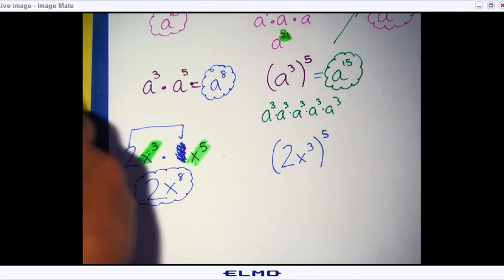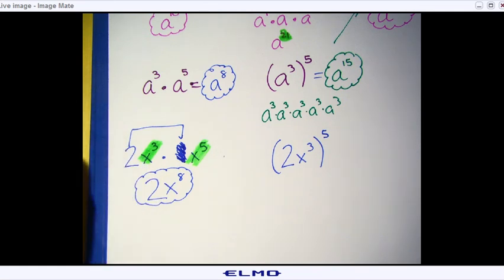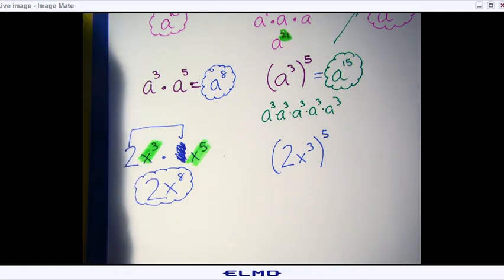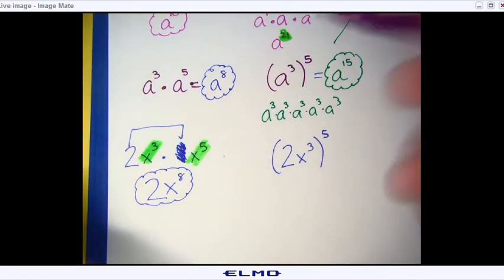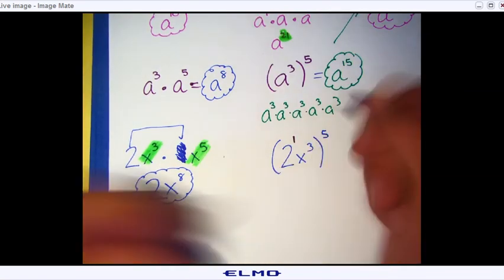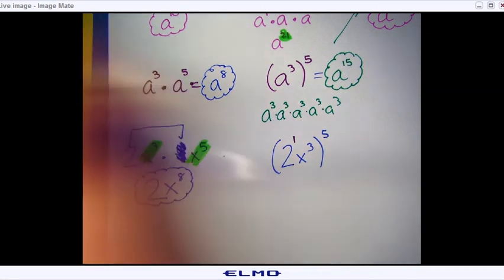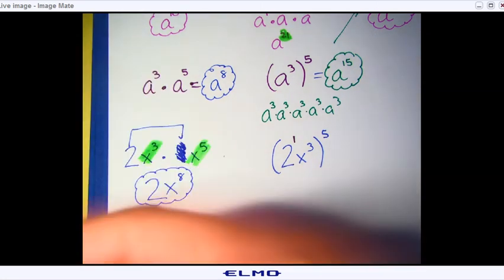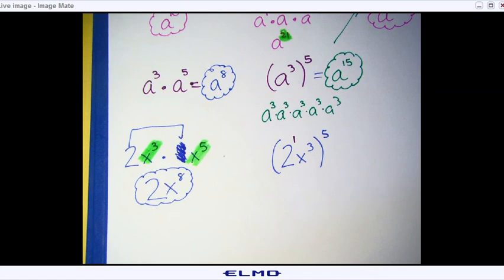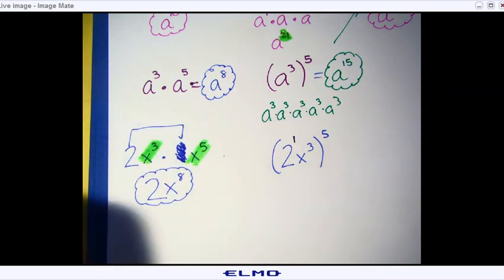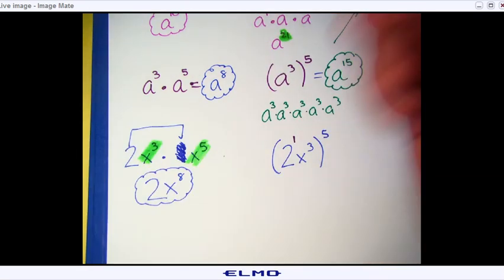The number 2 has an exponent of 1, because it's just by itself, 2 to the power of 1. We're ready because we're inside the parentheses. We're going to multiply the power to a power.